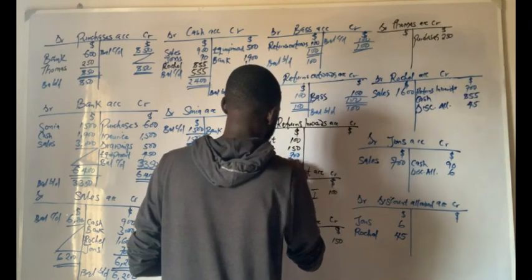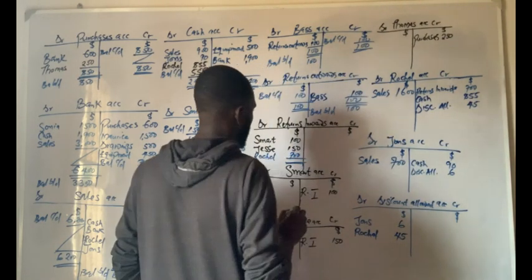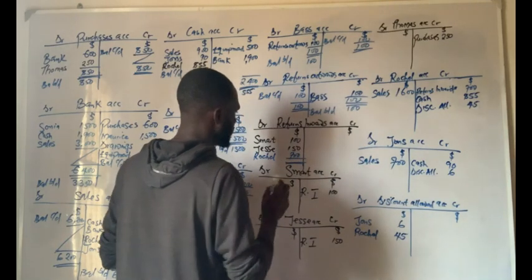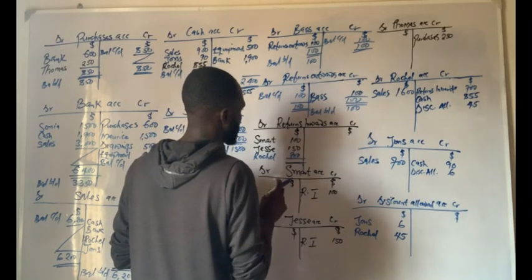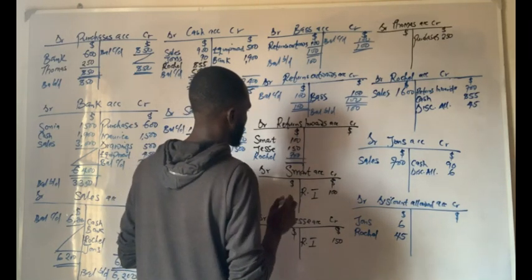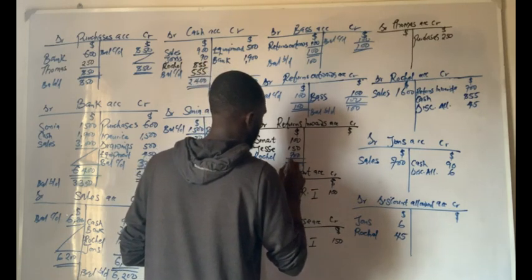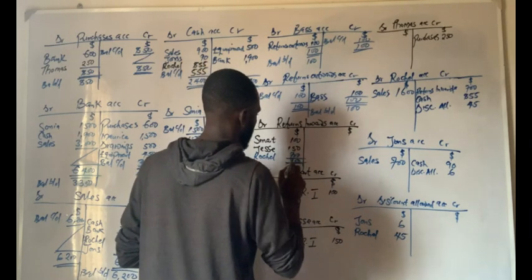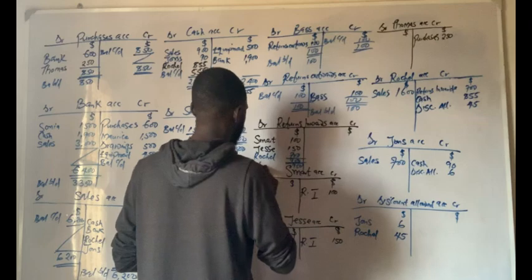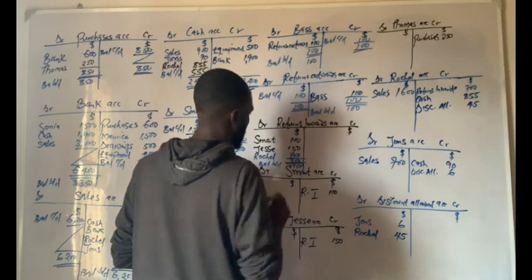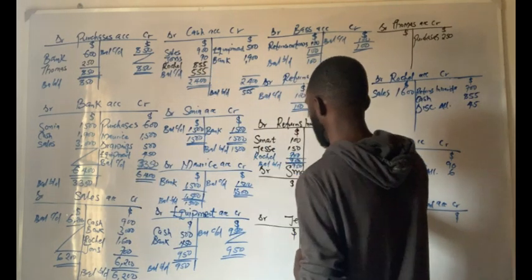So this account is going to close as, this is 250 plus this, we have 950. So 950 also is going to be our balance brought down. Sorry, I didn't really calculate that space very well.